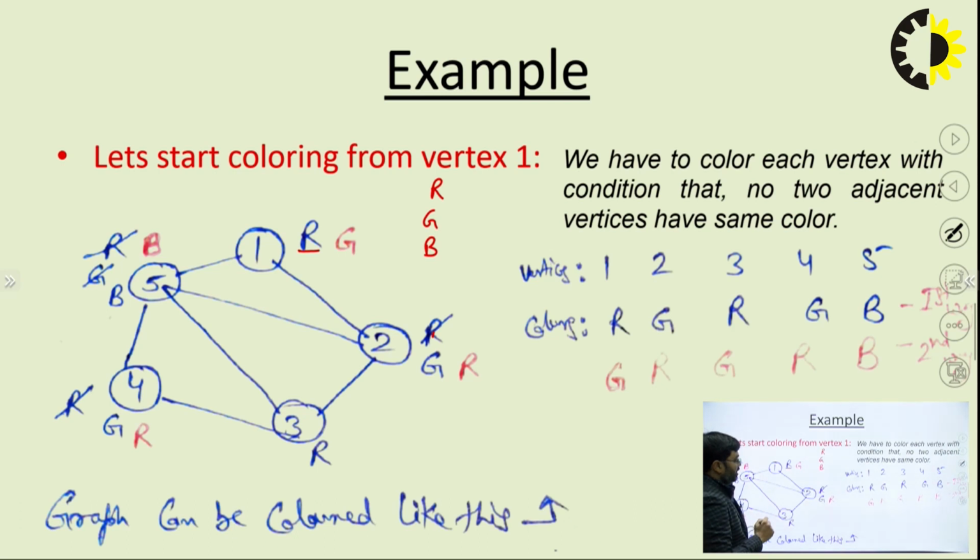If we give red color to vertex 2, then it violates the rule of graph coloring, and then we try to give color green, that is color number 2.